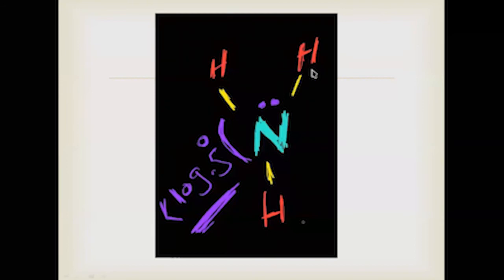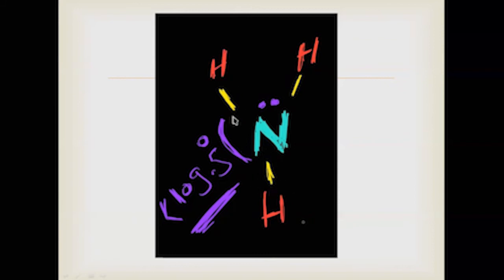For example, this pair of electrons is bonding with a hydrogen atom, and this pair is bonding with another hydrogen atom, and also this one is the same.